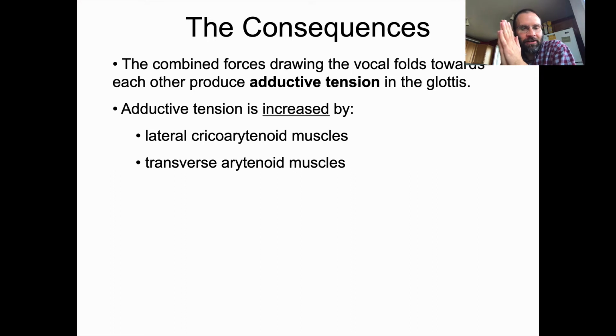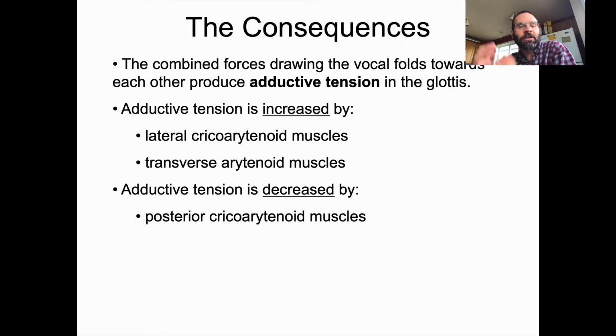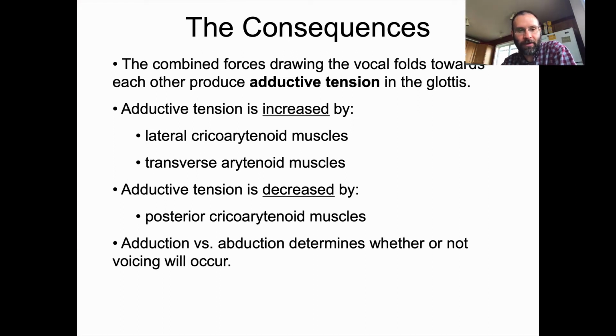You can increase adductive tension by using your lateral cricoarytenoid muscles or your transverse arytenoid muscles. And you can decrease it by activating your posterior cricoarytenoid muscles, pulling them apart through contracting that muscle.